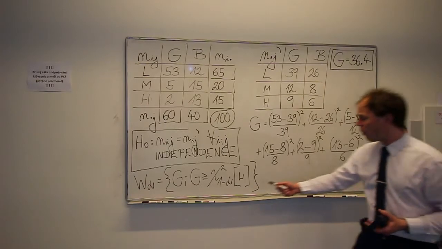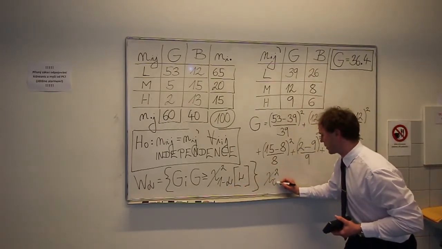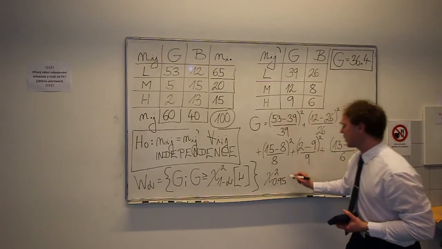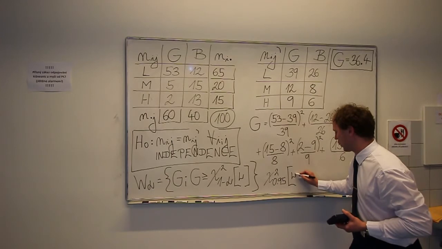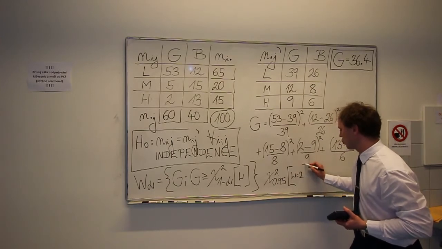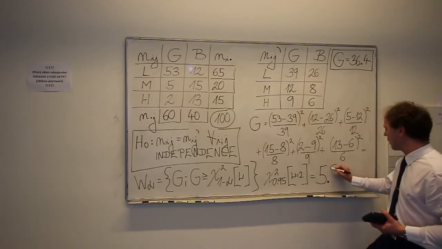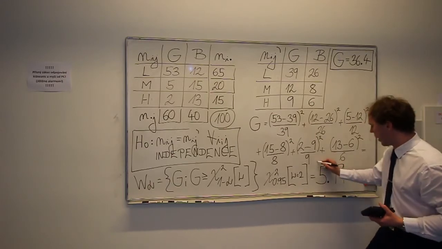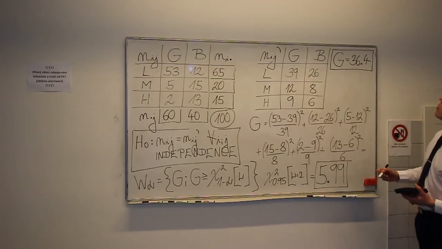So we know that this quantile, chi squared 0.95, the 95% quantile with 2 degrees of freedom, was 5.99. So this is the critical value.